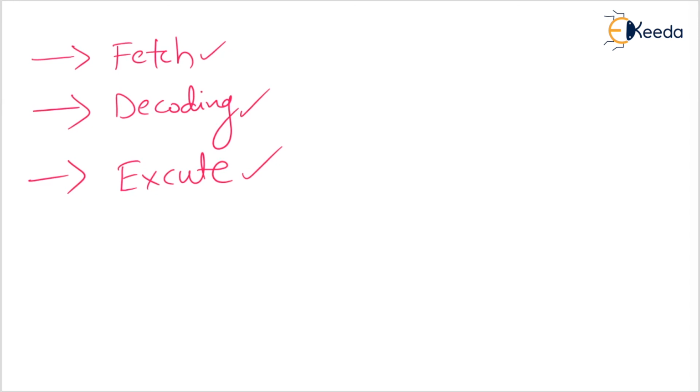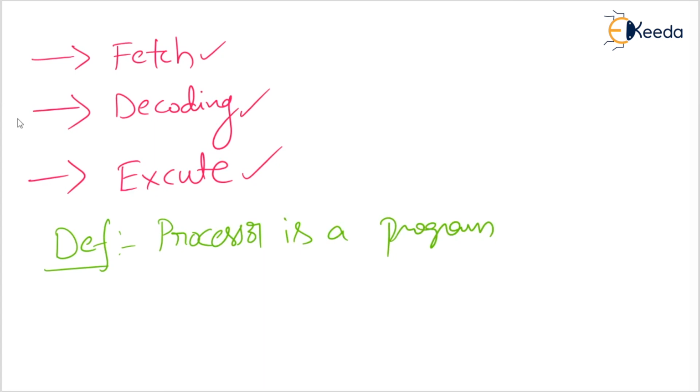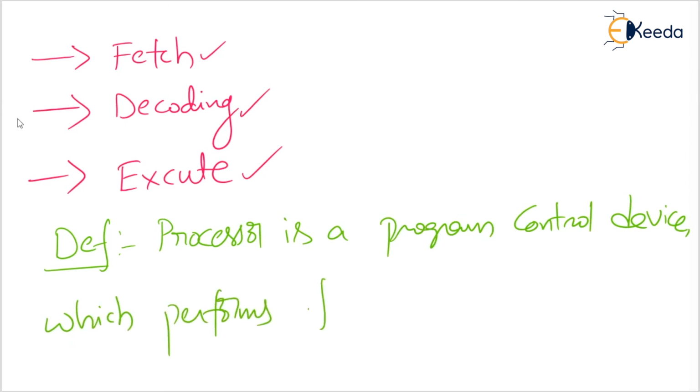Now you tell me the definition of a processor. What is the definition of a processor? A processor is a program control device which performs fetch, decode, and execute.